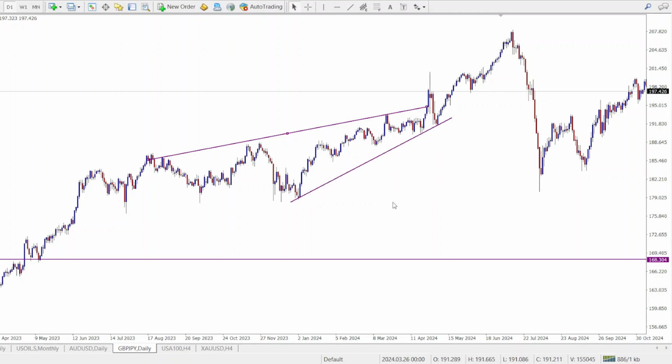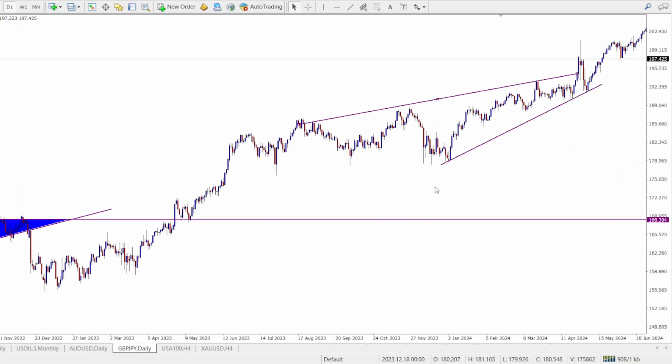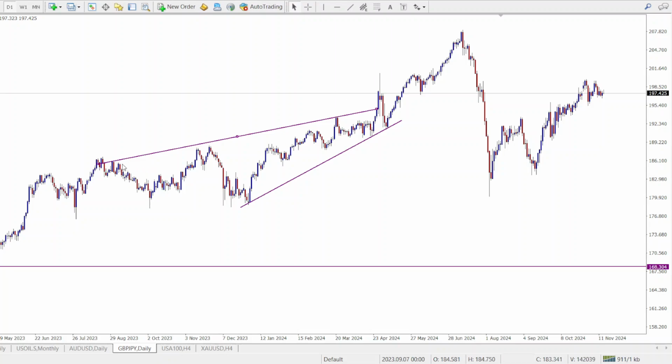But can you see that this is different from a triangle, because the triangle has a horizontal resistance, whereas the rising wedge has higher highs and higher lows. The slope of the higher lows is quite steep compared to the slope of the higher highs. So if this continues this way, at some point they will converge sometime in the future.